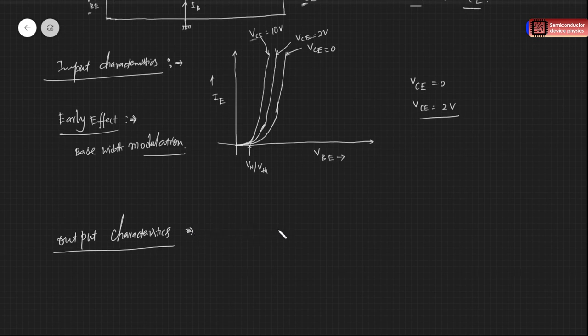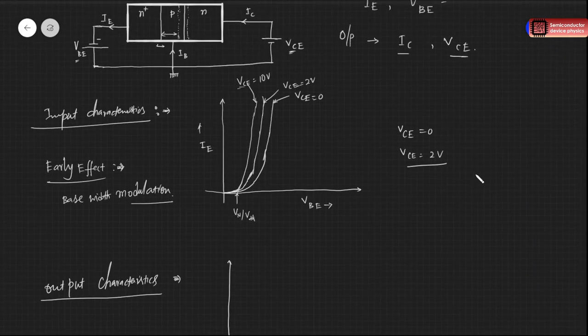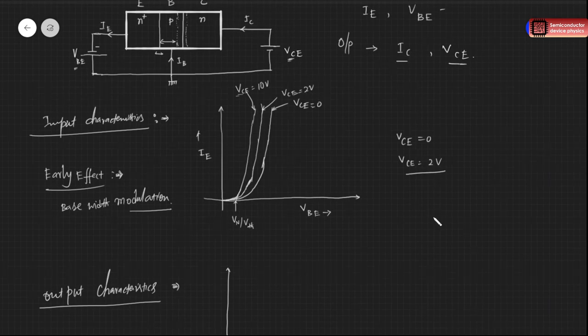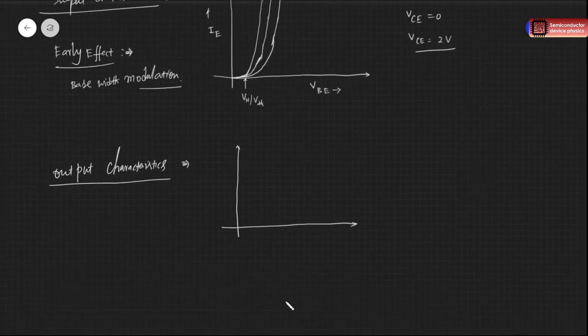what are the output parameters we have? Let me just draw. In the output we have the output voltage, which is VCE, and the output current is IC. So it is VCE versus IC, and we are changing the emitter current.